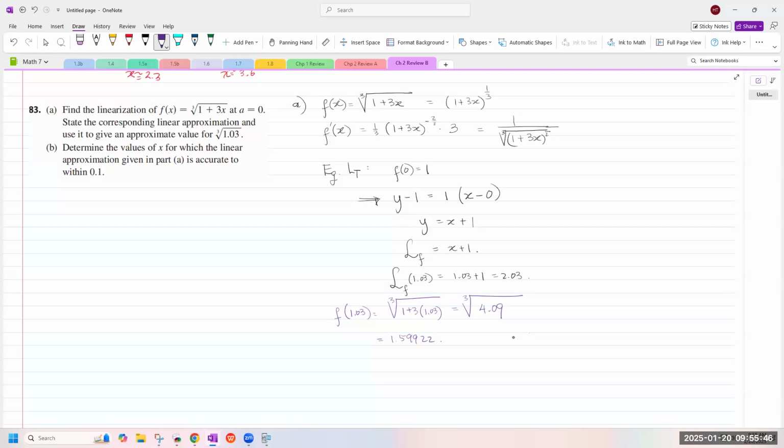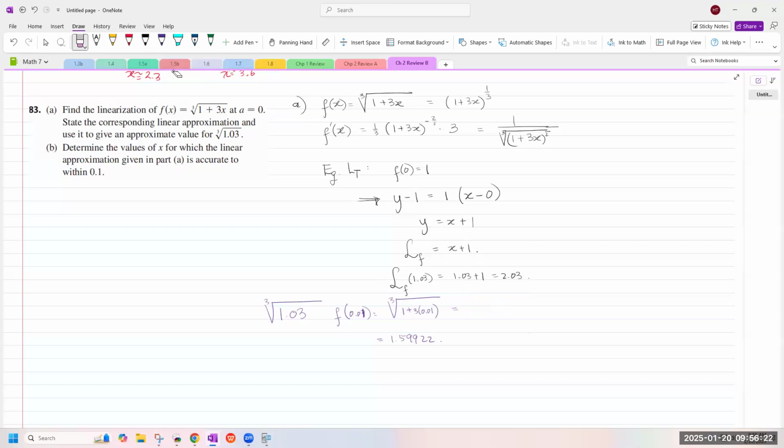I'm sorry, I made a mistake. The cube root of 1.03 corresponds to x equals 0.01, because this is 3 times 0.01, right?